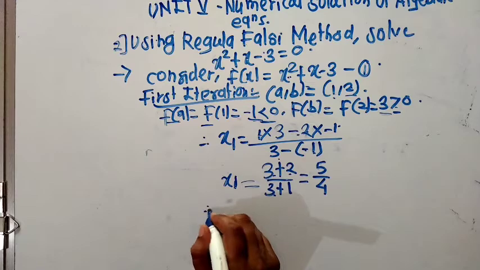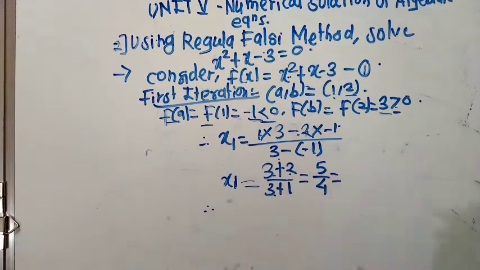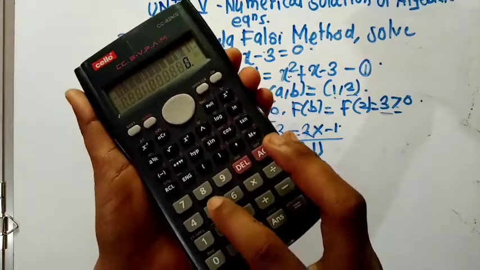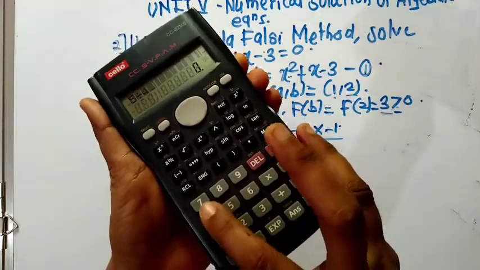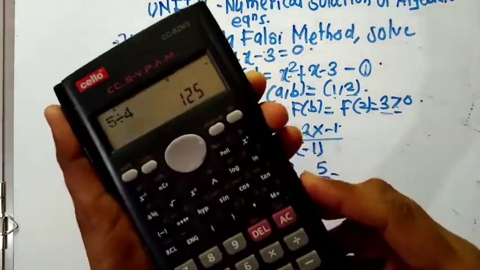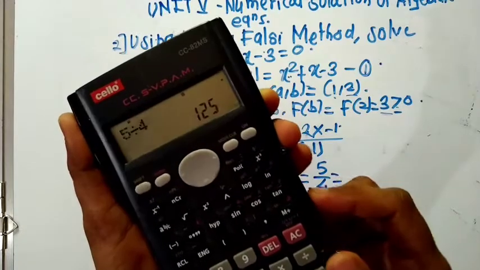So the numerator is 3 plus 2, which is 5. So x1 is equal to 5 divided by 4, which is equal to 1.25.